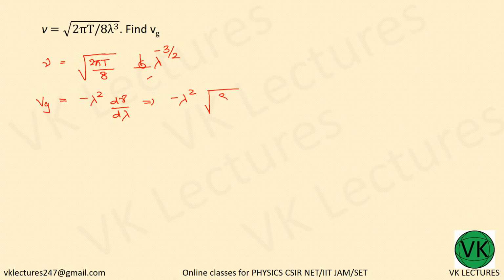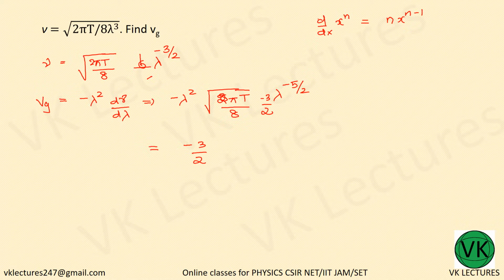We will write the constant as it is, 2 pi T by 8. This is lambda to the power minus 5 by 2, because 1 you have to reduce. d by dx of x to the power n is equal to n x to the power n minus 1, and here you will get minus 3 by 2 lambda to the power minus 5 by 2. So that's equal to minus 3 by 2, all the constant.